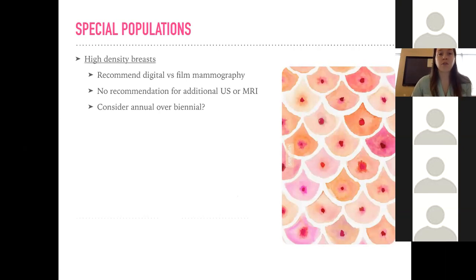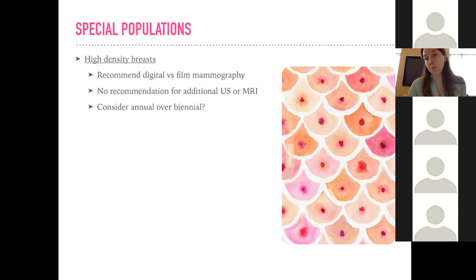There is a recommendation though that they are better off getting a digital mammography, and most of the time, if you are ordering a mammogram here in the US, you will be ordering a digital mammogram. So you don't need to worry that you've maybe been ordering the wrong one.